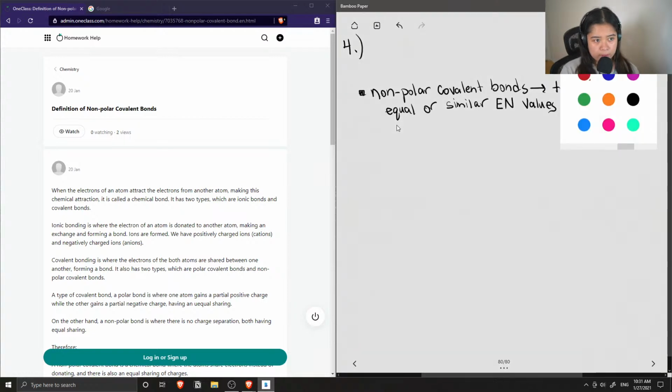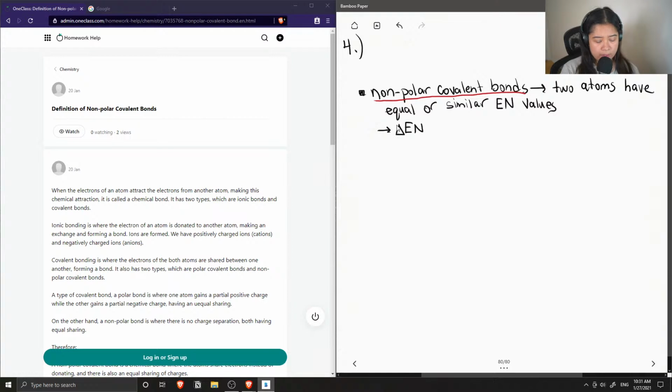Okay, so let me just underline it. So typically, in nonpolar covalent bonds, the difference in electronegativity between the two atoms ranges from around 0 to like 0.4.